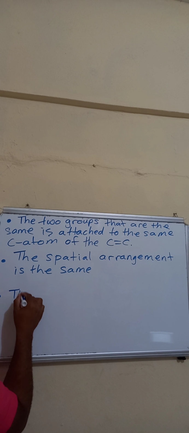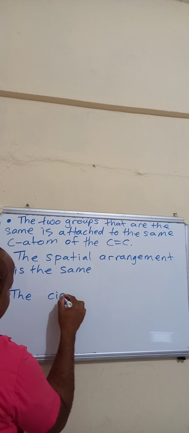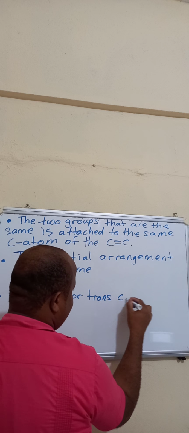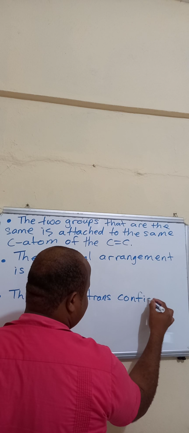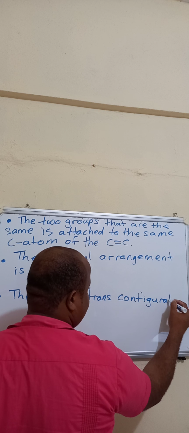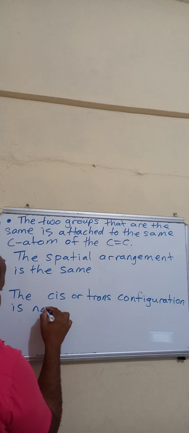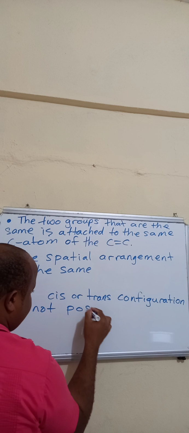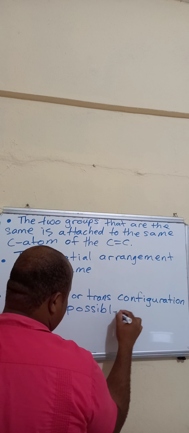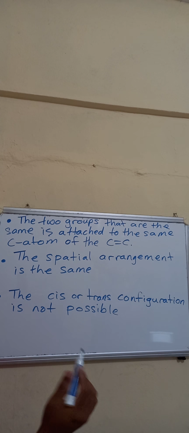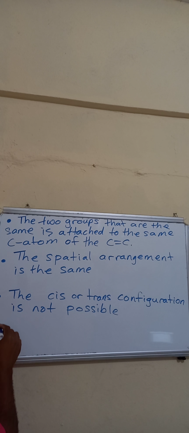And so the cis or trans configuration is not possible. So if you cannot get cis or trans, therefore it is not a geometric isomer.